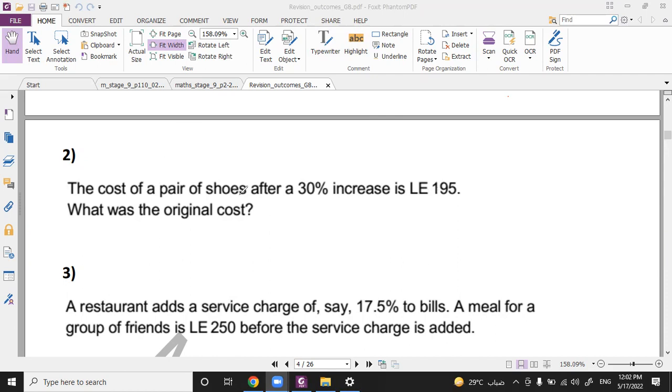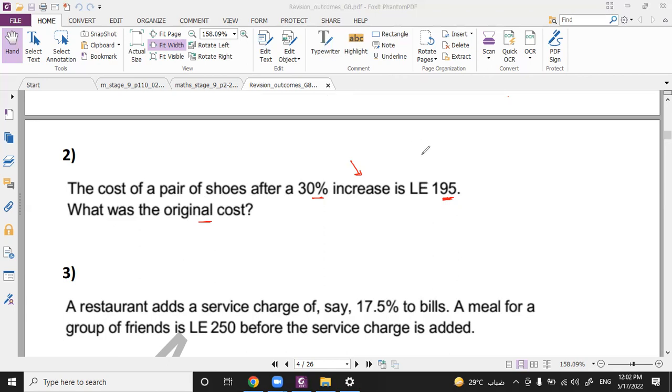The cost of a pair of shoes after a 30% increase is 195. Fairuz, do you hear me? Yes. So the cost of a pair of shoes after a 30% increase is 195. What is the original cost?